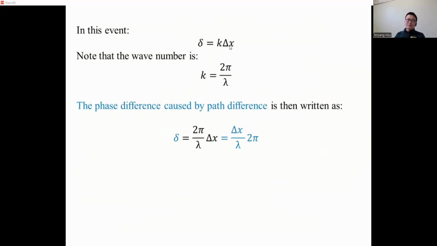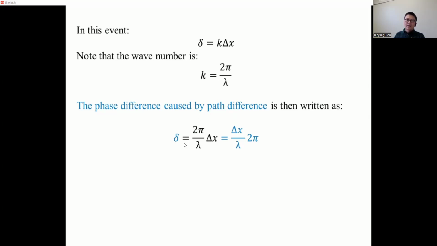If k times delta x is a multiple of 2 pi, where k is related to wavelength, if you remember, k is 2 pi over lambda. So the phase difference is equal to 2 pi over lambda times delta x, because k is there.